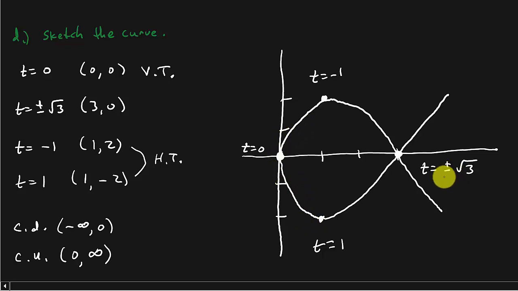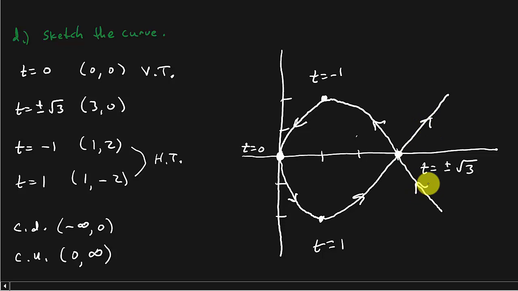And the same thing here when t is negative square root of 3, and t is positive square root of 3, it's just continuing on like this. You can see t is -1, t is 0, and it's moving this way. This graph is not going to go here and then turn back around. So this is the path that it's following right here. Okay, and that's the graph of it.